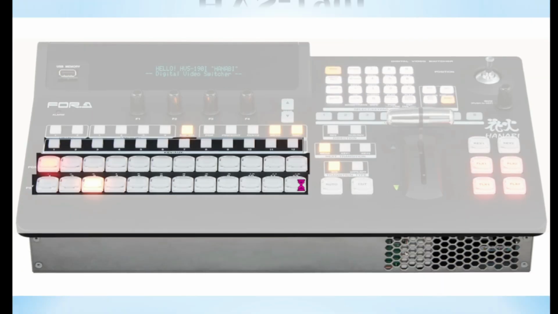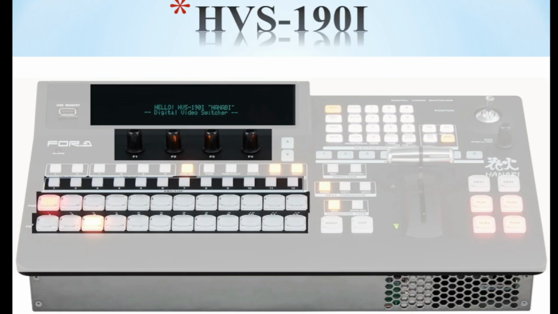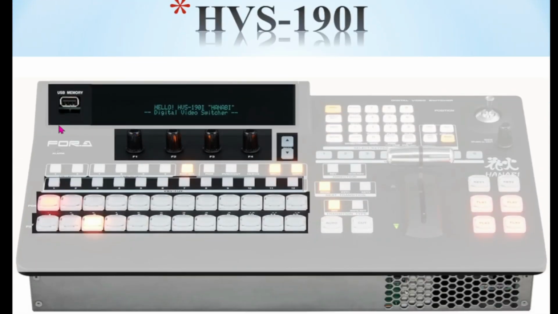You can see a great LCD screen from where you can navigate the menu as per your requirement. Just below the LCD screen there are 4 rotary switches, F1, F2, F3 and F4, to navigate the menu. Just beside the rotary switches there are 2 up and down buttons for page up and page down of the menu. At the top left corner there is a USB port for file transfer.